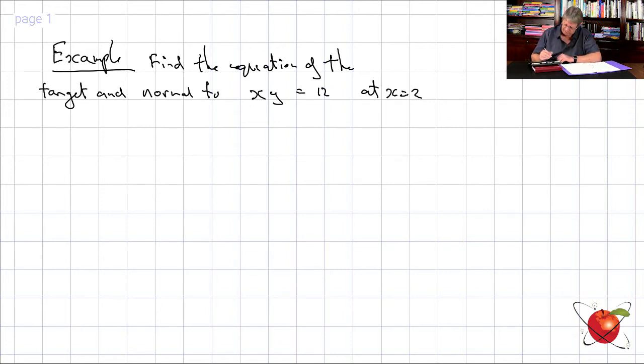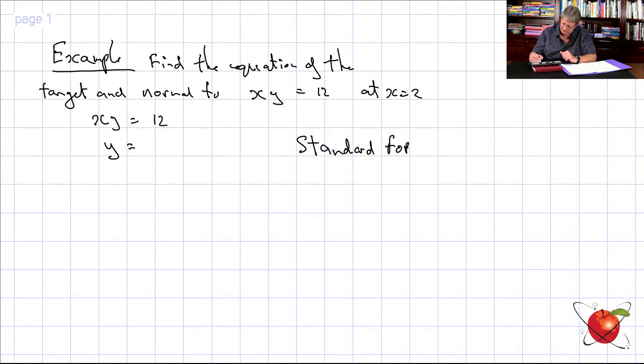We're going to take f prime. But now we've got xy = 12. We don't have f of x or y. It's not in the standard form, is it? You put it into standard form, which is y equals. So y is going to be equal to 12 over x.